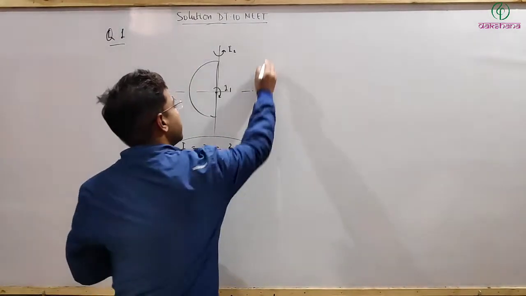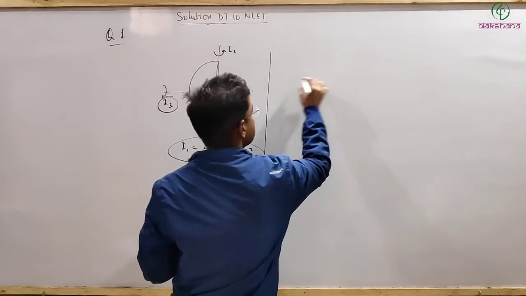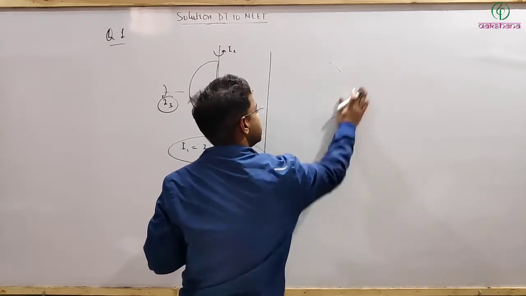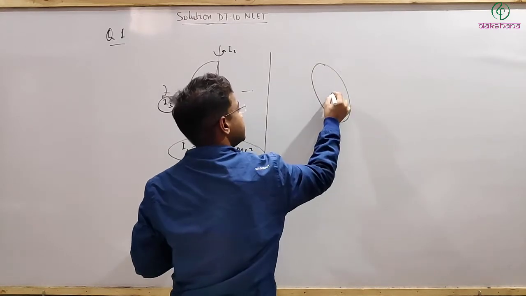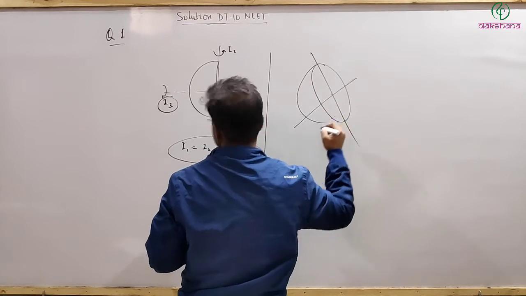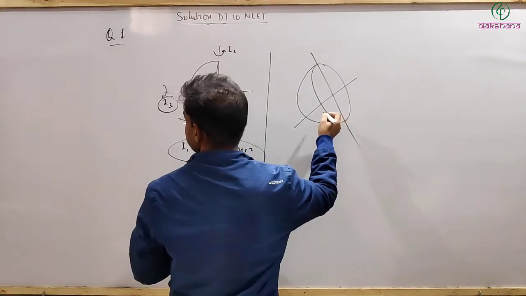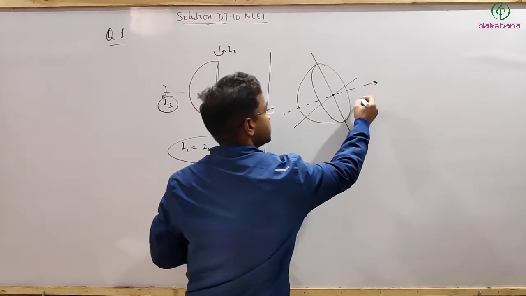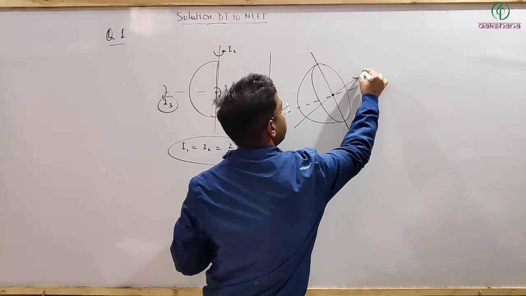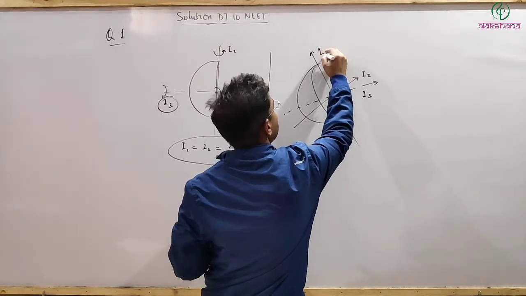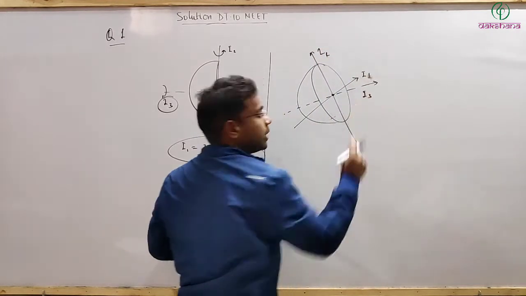So by perpendicular axis theorem, if you look at this from the front, then the diagram will appear like this. So this is one axis, another axis, and this is the hollow hemisphere. This is I2 and this is I1 or I3.